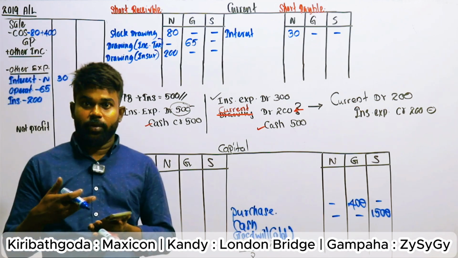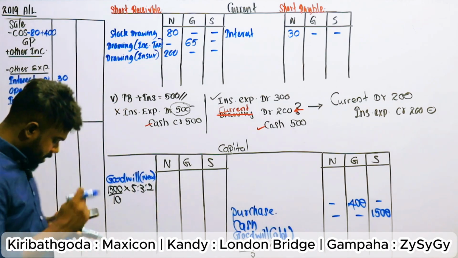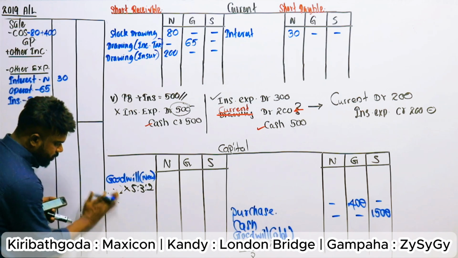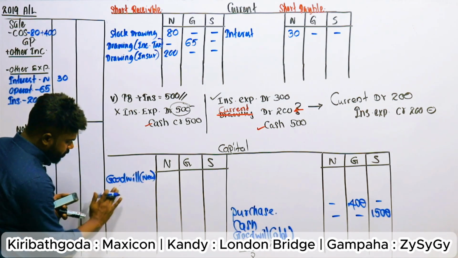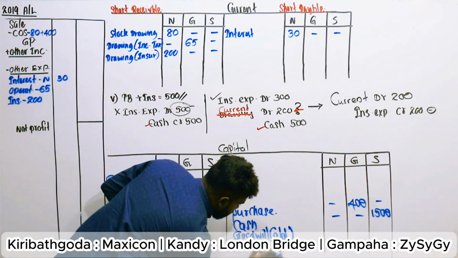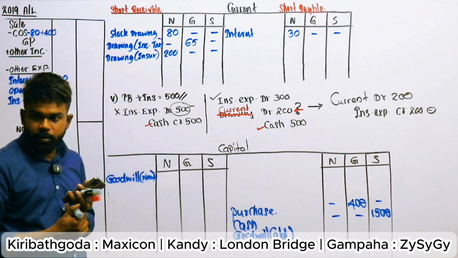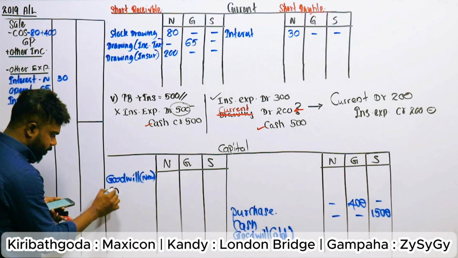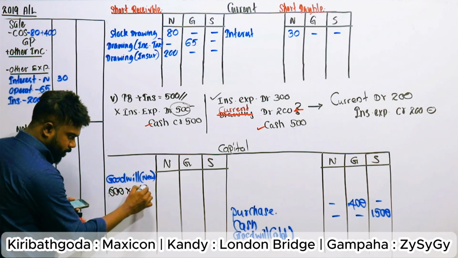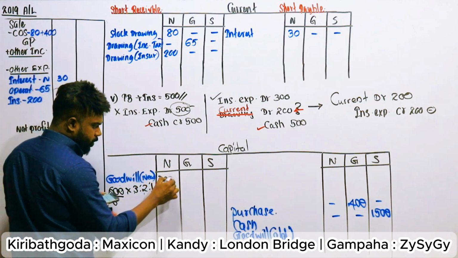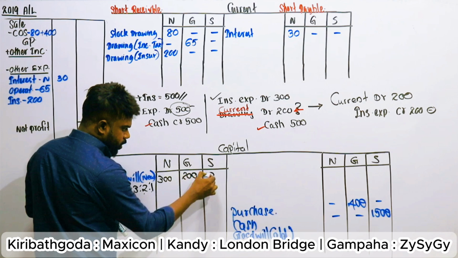Look at my previous question, 2020. Goodwill 600, like 3:2:1. 600 divided by 6: 300, 200, 100.